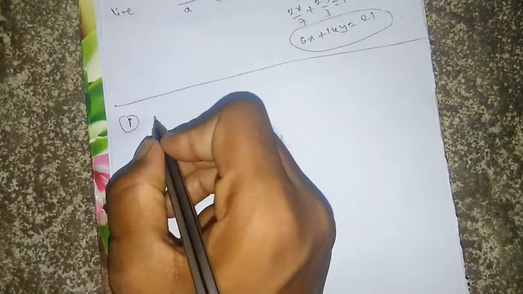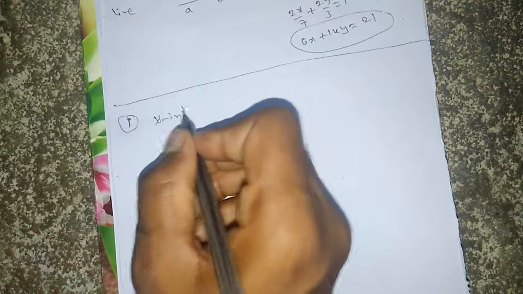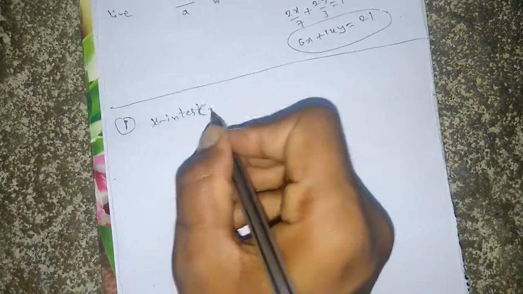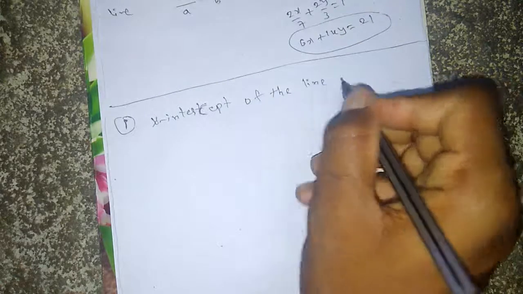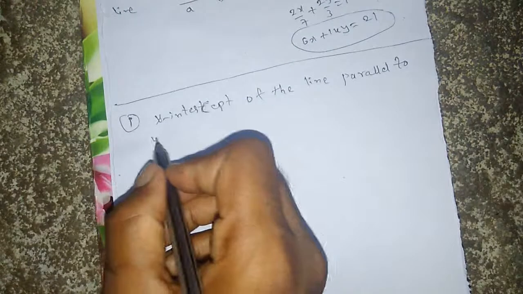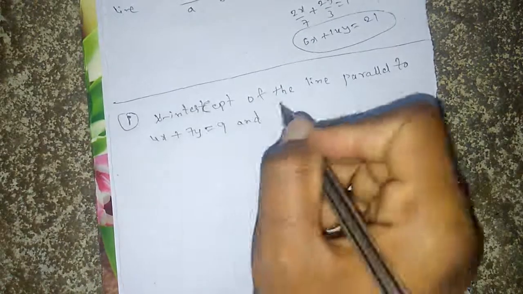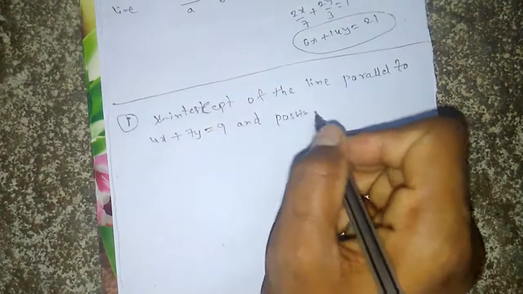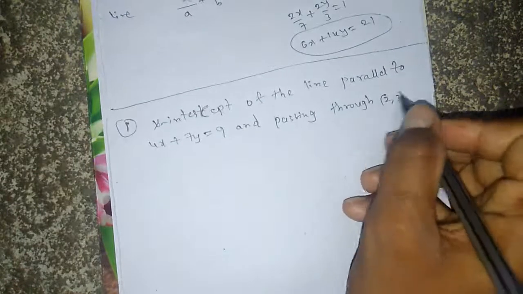Next problem is the x-intercept of the line parallel to 4x + 7y = 9 and passing through (2, 3) is.